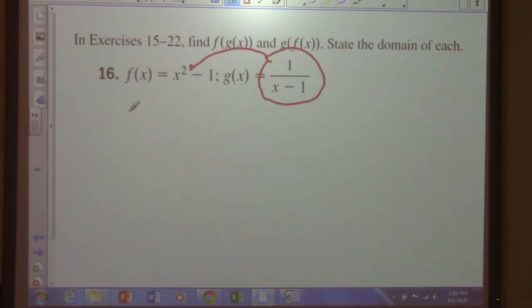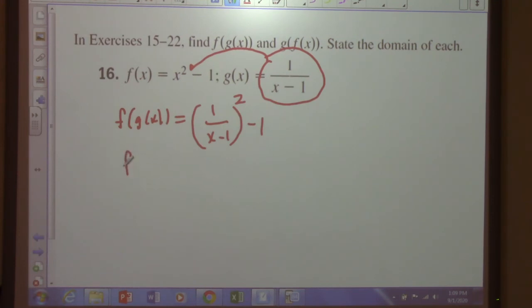So f of g of x is going to be equal to, in the place of x, 1 over x minus 1, squared. Okay, you see that that's in the place of this x here, and then minus 1 out here.